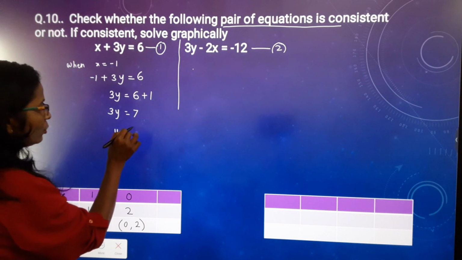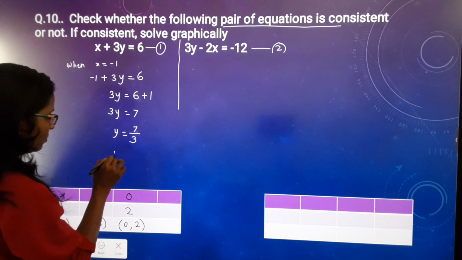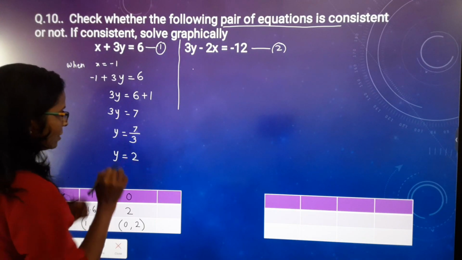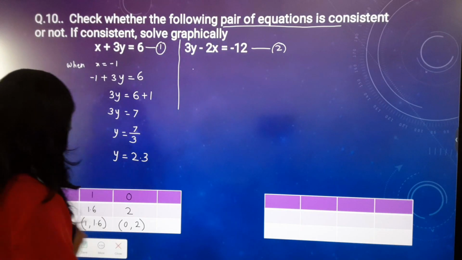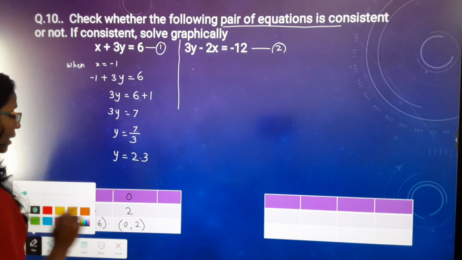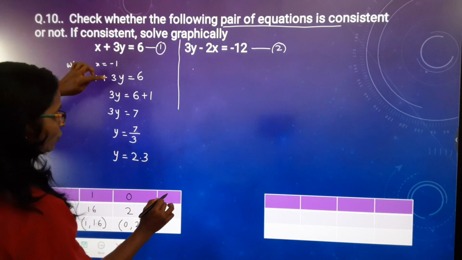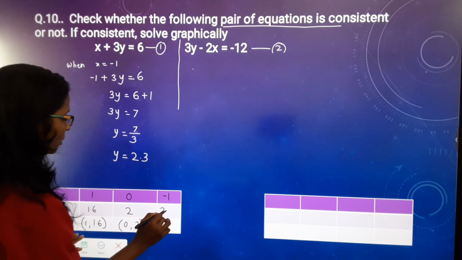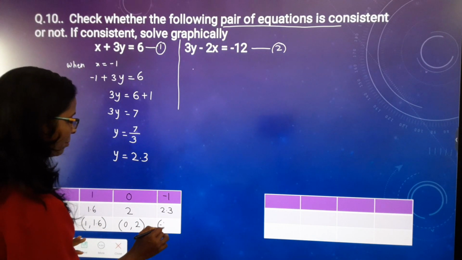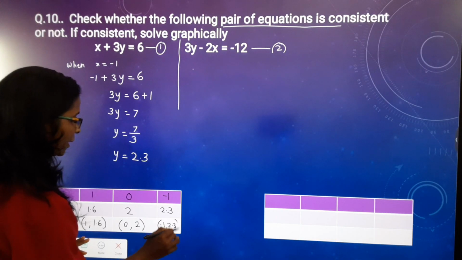So y is equal to 7 upon 3, that means y is equal to 2.3. So I write in the table, as x is equal to minus 1, then y is equal to 2.3. So the coordinates are minus 1, 2.3.